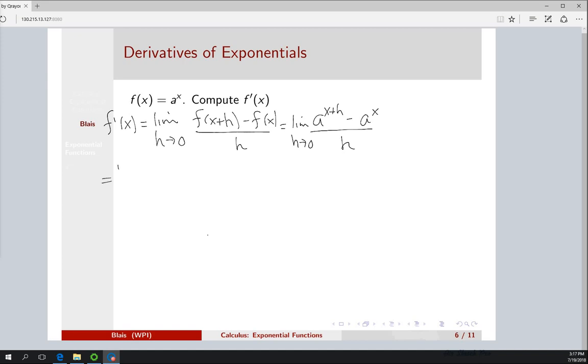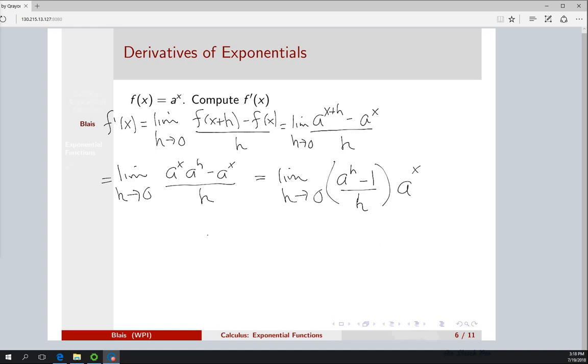Let's use our rules for exponents to break this up as a to the x times a to the h. And now we note that we have an a to the x term common in both numerator terms, which means we can factor that out. So that leaves us with a to the h minus 1 over h all times a to the x.